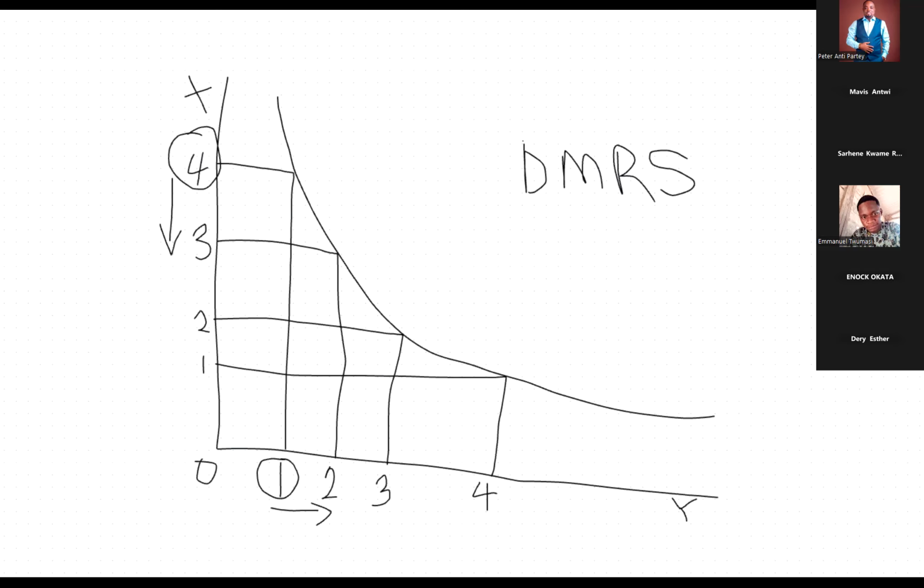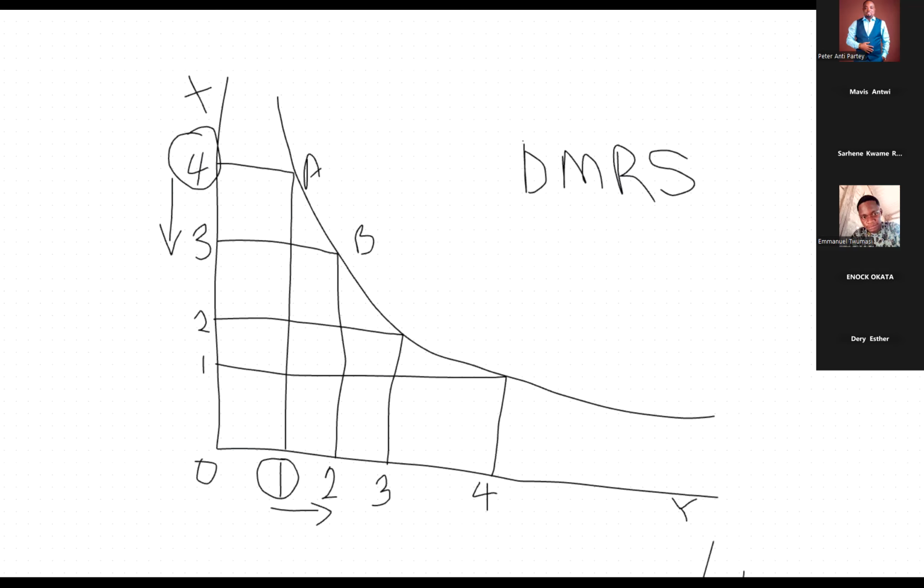So if this point is point A, and this point is point B, we are saying that the individual is able to substitute the consumption of one commodity in order to increase the consumption of another commodity. And that is what we call the marginal rate of commodity substitution.